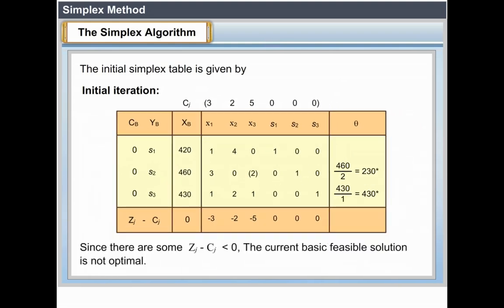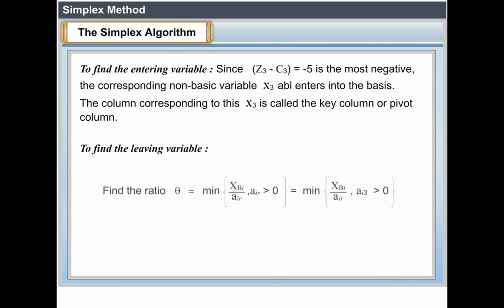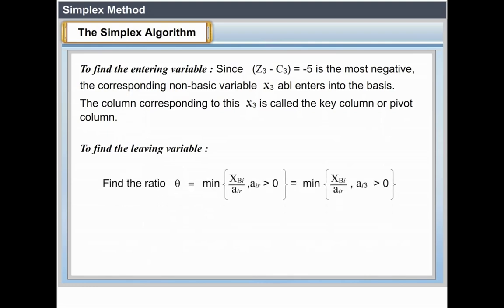Since some Zj minus Cj are less than 0, the current basic feasible solution is not optimal. To find the entering variable, since Z3 minus C3 equal to minus 5 is the most negative, the corresponding non-basic variable X3 is called the key column or pivot column. To find the leaving variable, find the ratio theta.